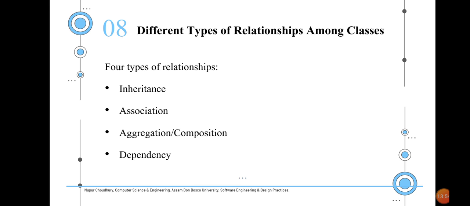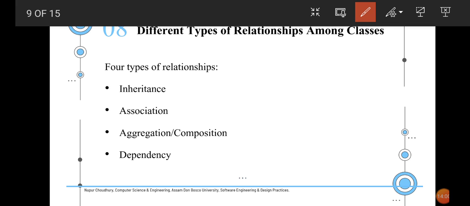Now we have to talk about different types of relationships among classes. We have already understood that there is a class, and in this class we have objects. These objects need to interact with each other in order to realize the object oriented design concept.